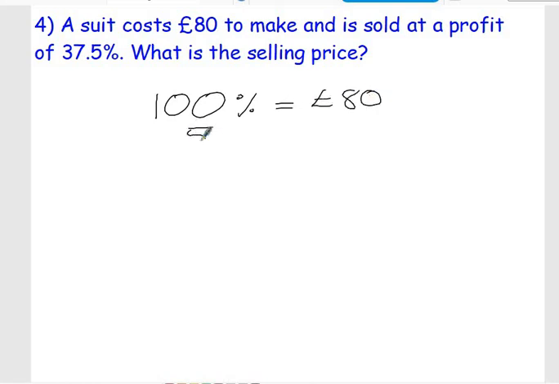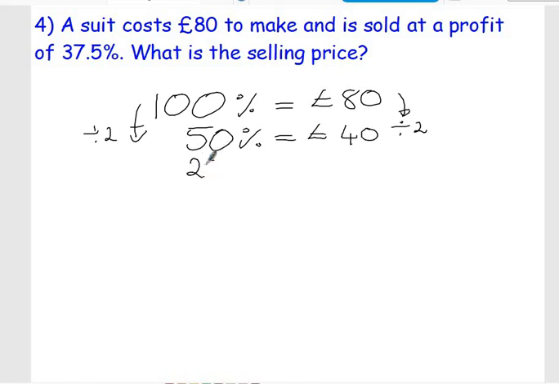So looking at our 50% then, dividing by 2, we get £40. Then 25%, half of 50, divided by 2, we're going to get £20, meaning 75%.